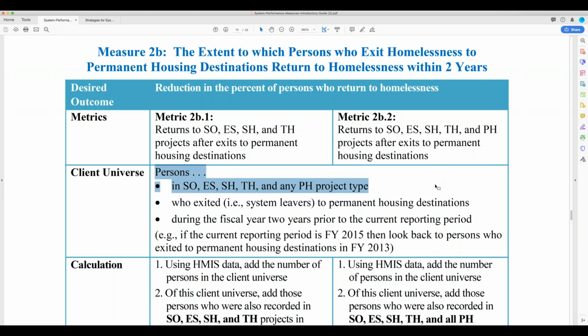Obviously, once we get someone permanently housed, it's not permanent unless they stay permanently housed, right? So the goal is obvious, but the extent to which we're successful can vary widely, and it doesn't necessarily just boil down to one factor.